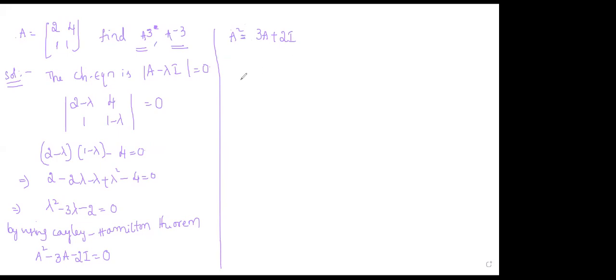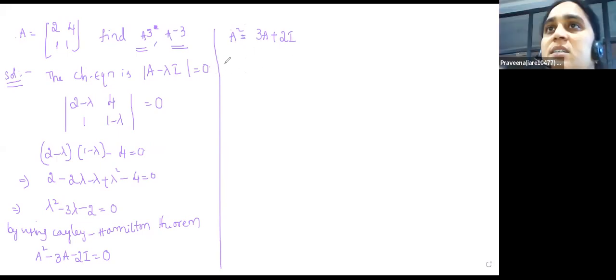How are we finding A cube? For finding A cube, multiply both sides with A from the above equation.